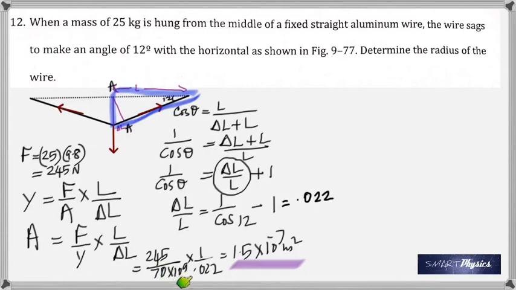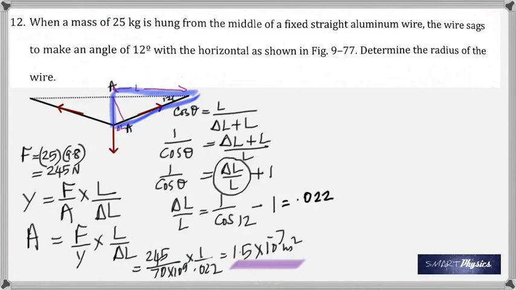I just forgot to write that number down in the problem. It will be given to you. And then you do this because it's the reciprocal of this, see? That's why I put 1 by 0.022. When you calculate, you get the area of cross-section.